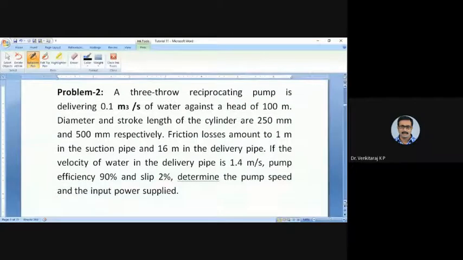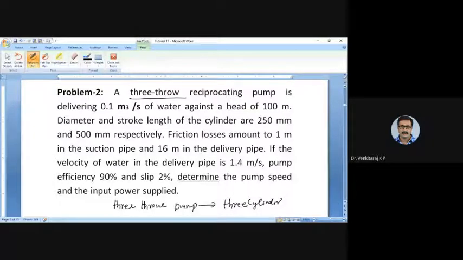So here it is a three-throw reciprocating pump. So what does it mean by three-throw reciprocating pump? It means that you have a three-cylinder, multi-cylinder reciprocating pump.